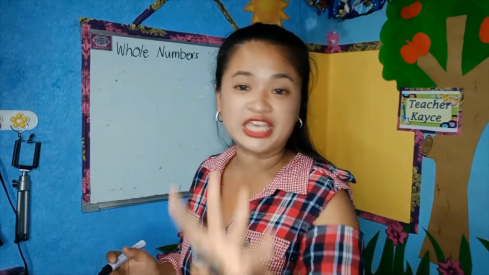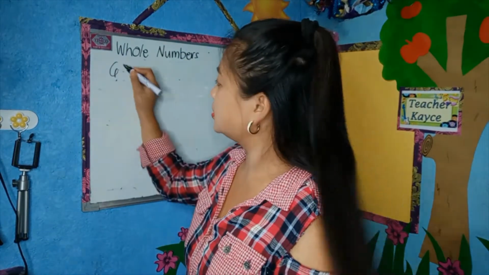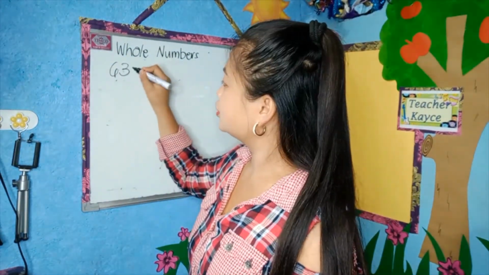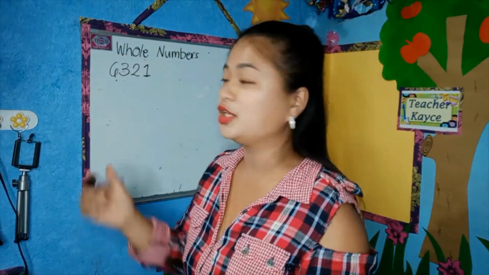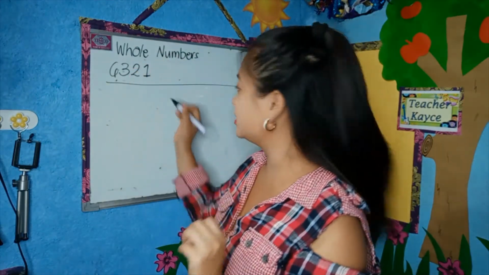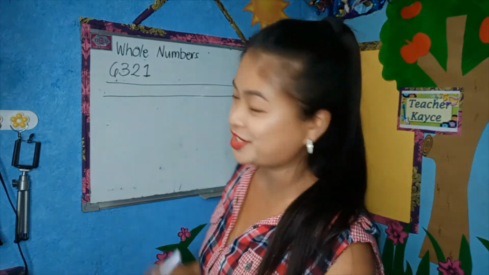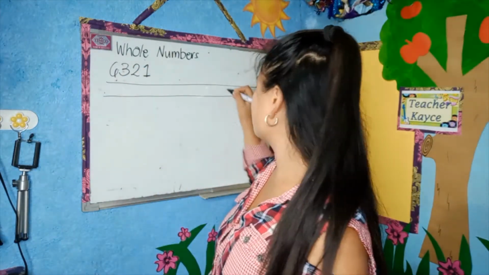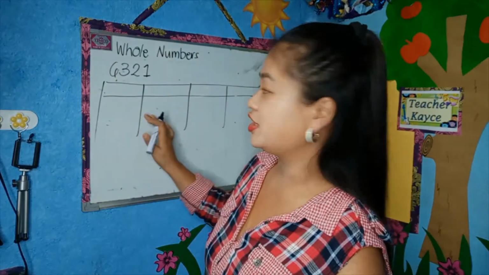Let's try another example. How about if we have 4 digits? We have 6, 3, 2, and 1. Again, for the place value, we are going to have 4 columns because we have 4 digits here. So 4 columns. We have 1, 2, 3, and 4.